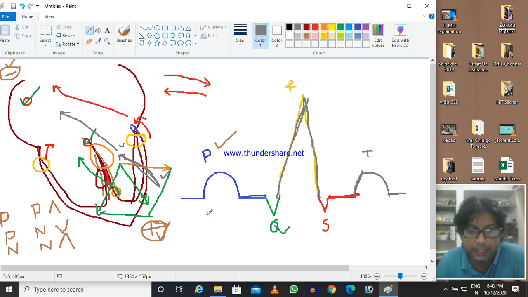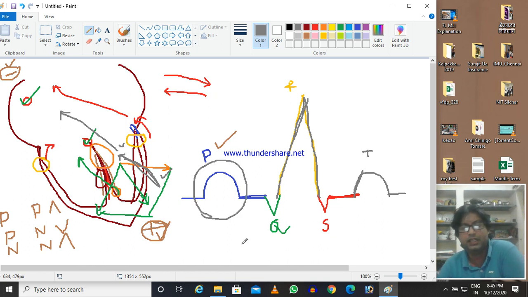So P wave, once again I will summarize. The P wave is basically the depolarization of the atrium. That means the P wave is generated while the electrical pulse travels from the SA node to the AV node.